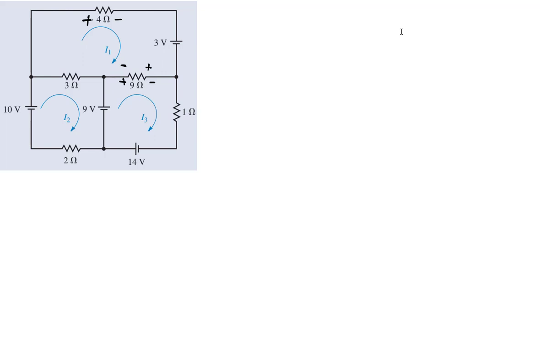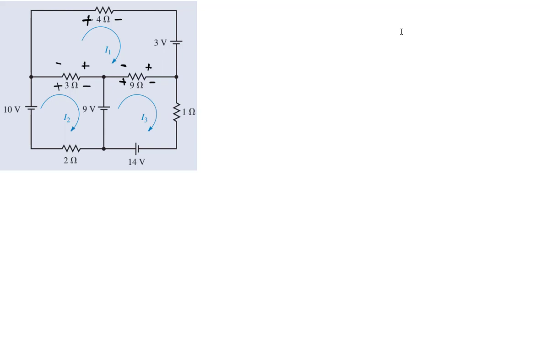So we have here two voltage drops, or their difference. The same thing here. From the point of view of mesh 1, this is plus and minus, while from the point of view of mesh 2, this is plus and minus. Now we have voltage drop, voltage drop or rise, and so on.